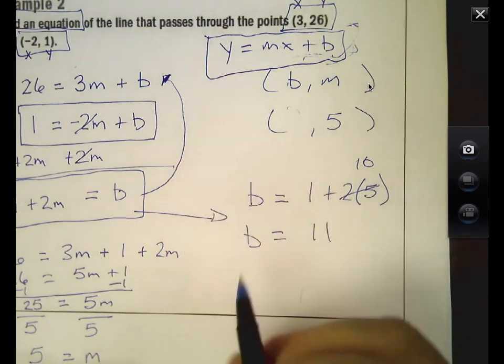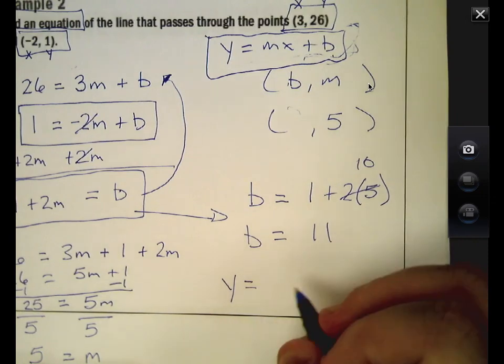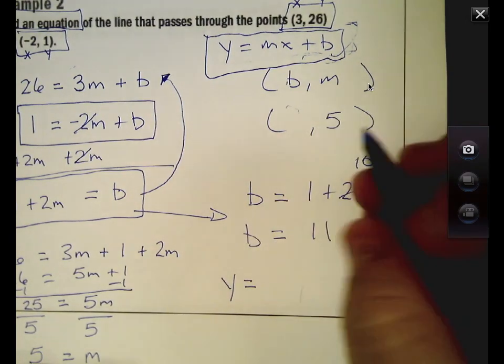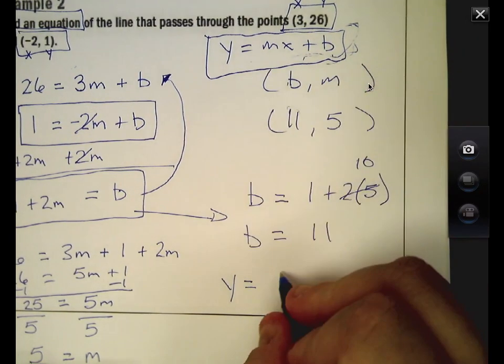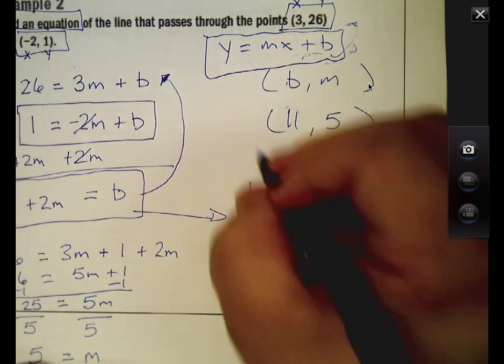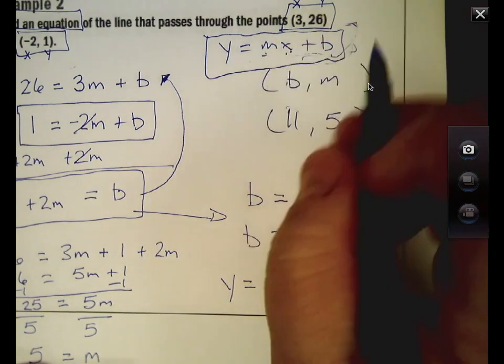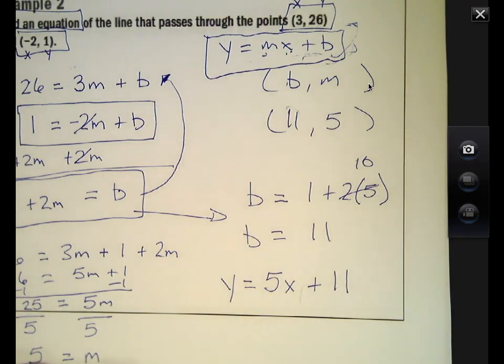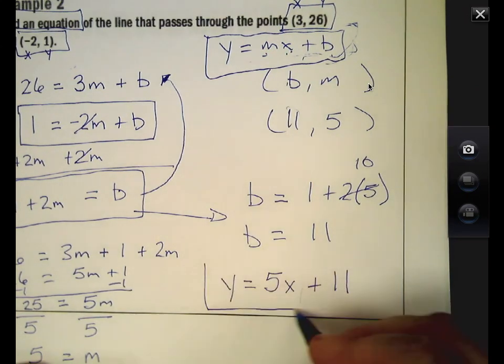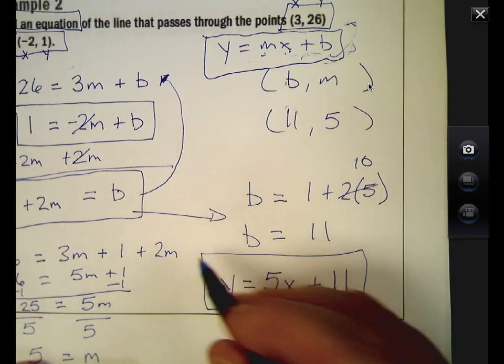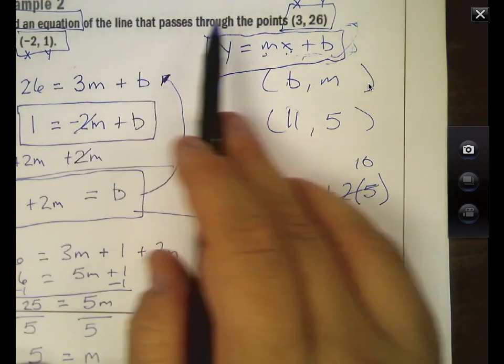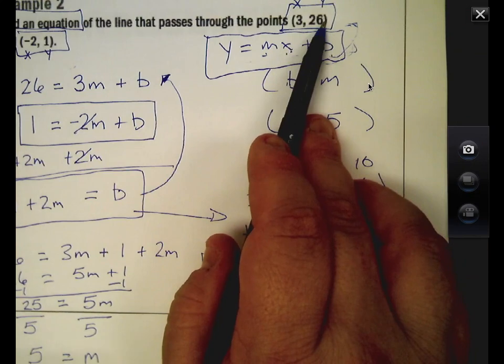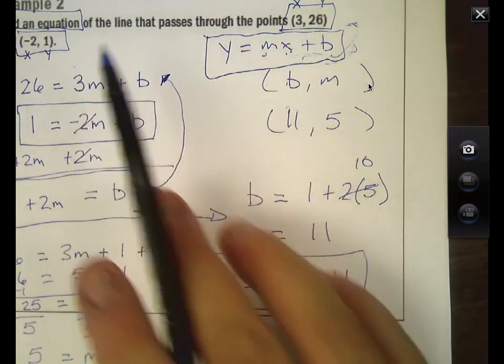Okay, so y equals M, which is 5 times x, plus b. What's b? Well, it is 11. This is an equation that will cross through 3, 26 and a negative 2, 1.